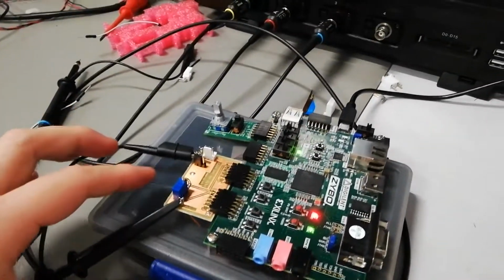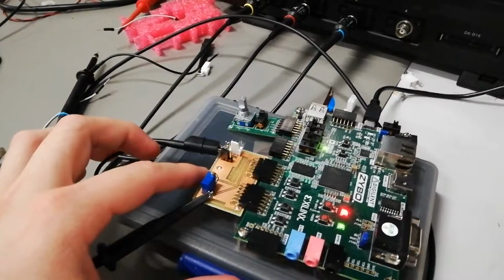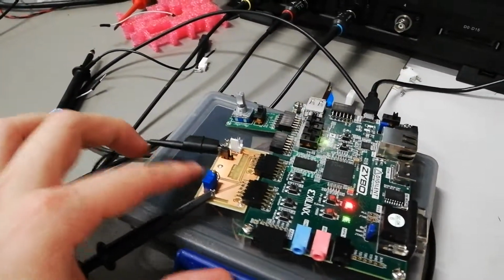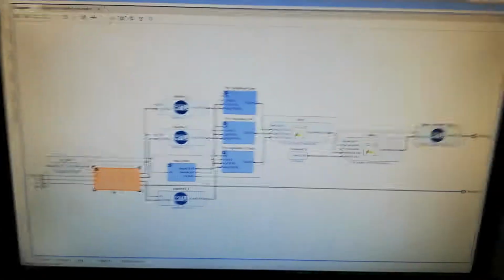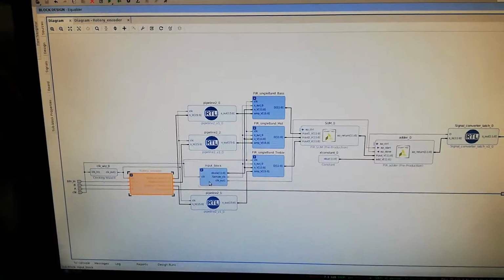The signal goes out through a homemade DAC, which is just a 12-bit resistor ladder. The input signal is just a sample signal, which comes down from this block.